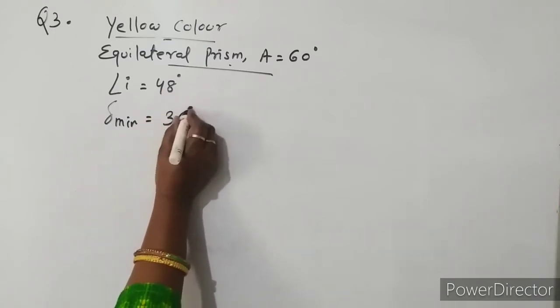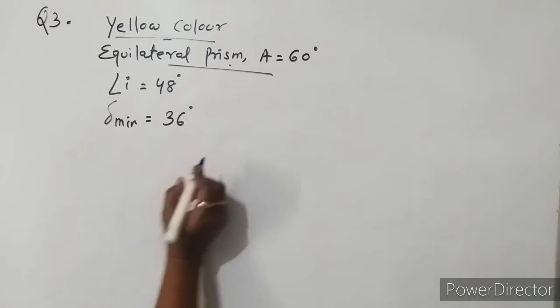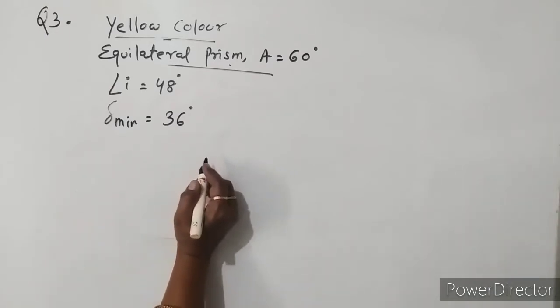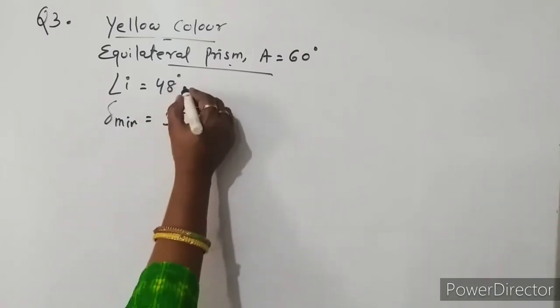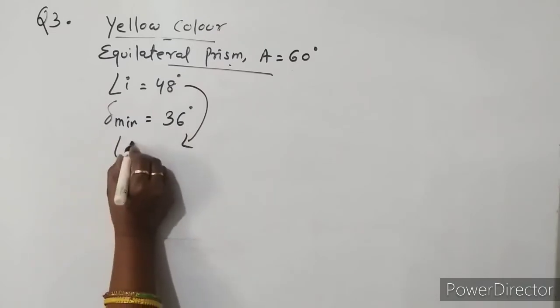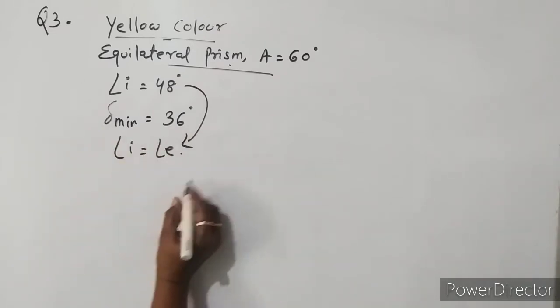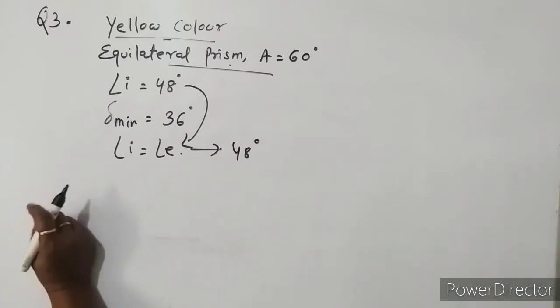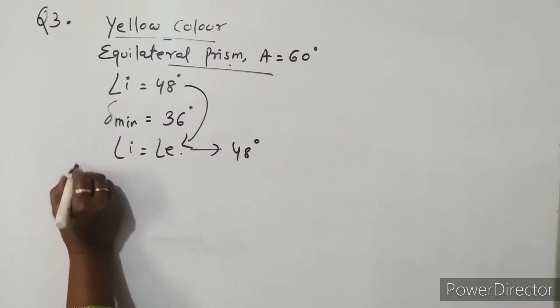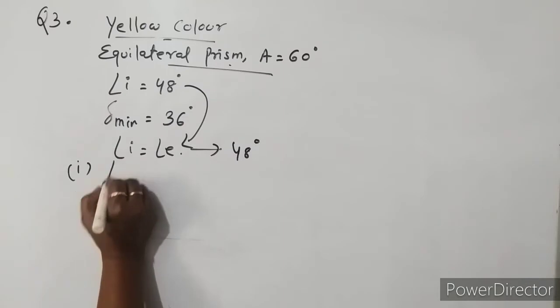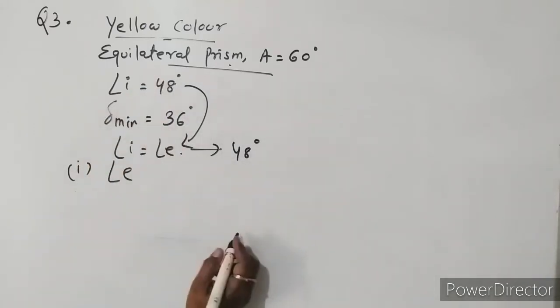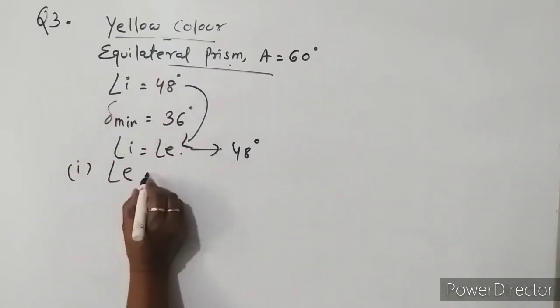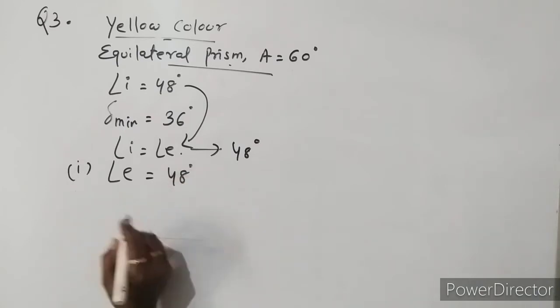So delta minimum equal to 36 degree, and as it is written minimum deviation, from here we get the concept I equal to E. So what is that one? That one will be 48 degree. So the first bit is what is the angle of emergence; as it suffers minimum angle of deviation, E equal to 48 degree.